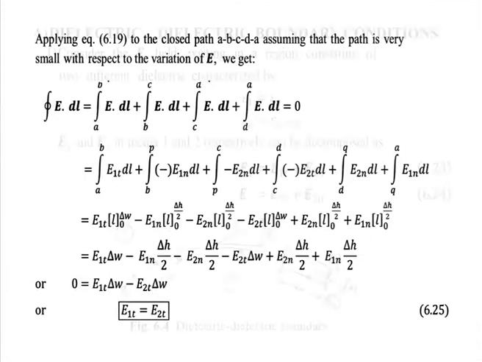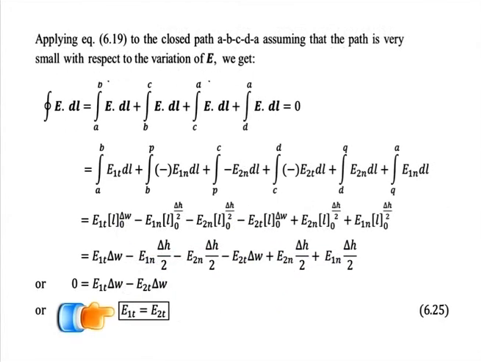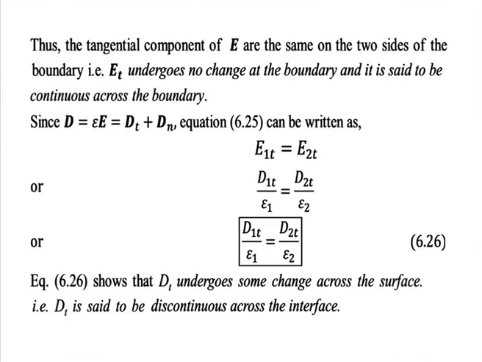And when we put down the values as given in figure 6.4 and solve, we get equation 6.25, that is E1t is equal to E2t, which implies that the tangential components of E are the same on the 2 sides of the boundary, that is Et undergoes no change at the boundary and is said to be continuous across the boundary.